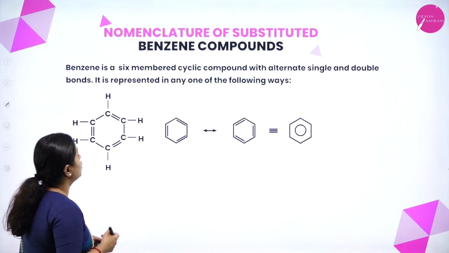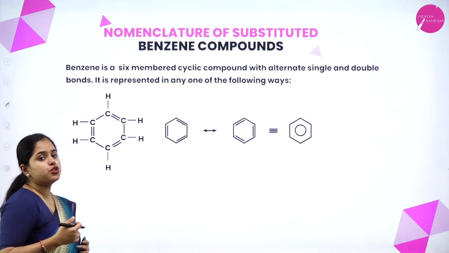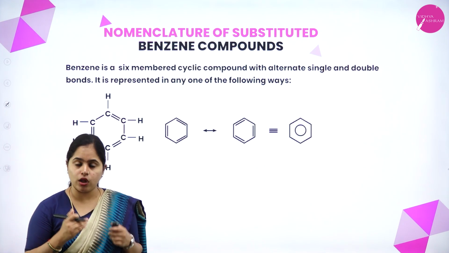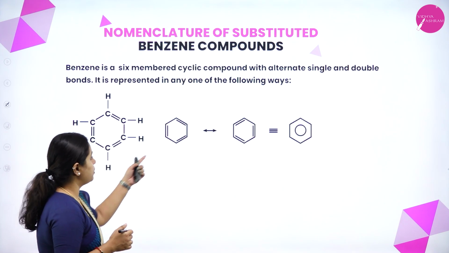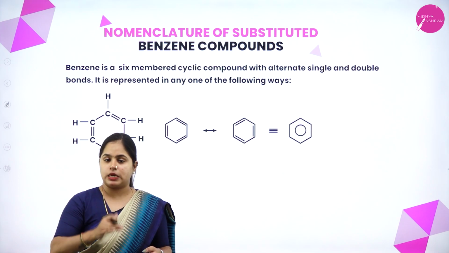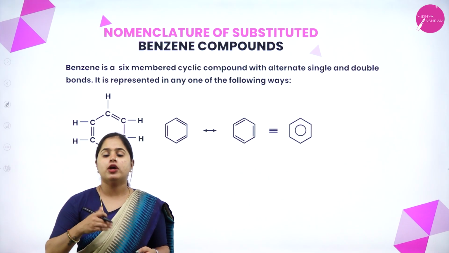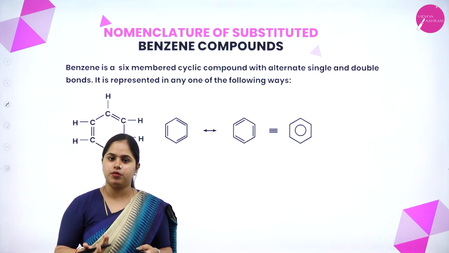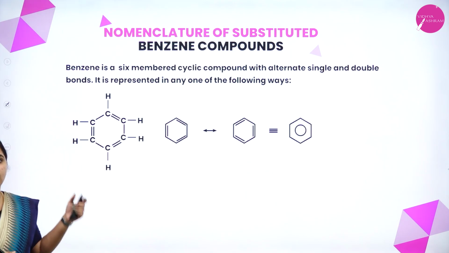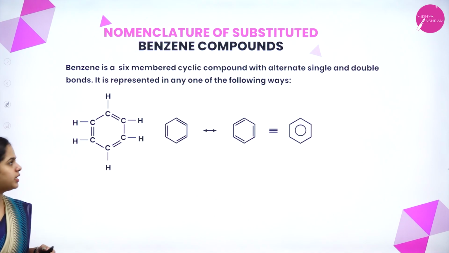So now moving on to nomenclature of substituted benzene compounds. So substituted benzene compounds means on the benzene, yes, you're familiar with benzene, right? On the benzene ring, you will be able to see other substituent groups also. So in such cases, how do we name the organic compounds? Let's see, right? So first of all, let's have a quick revision about the benzene ring itself.